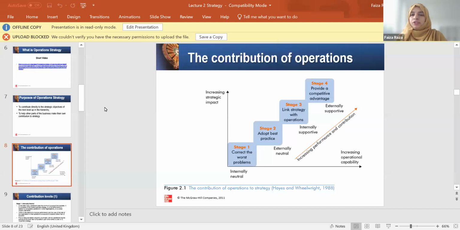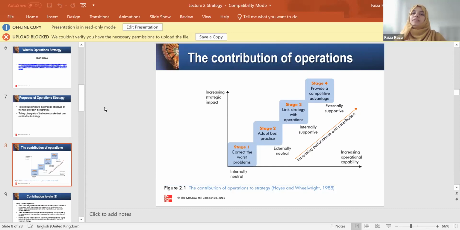Then the contribution of operations, there are basically 4 levels of contribution. At stage 1, you need to correct the worst problems which are arising. Then at stage 2, you will be adopting best practices. Correcting the worst problems means, for example, if you are creating some product, how the basic structure can satisfy the customer's basic needs.